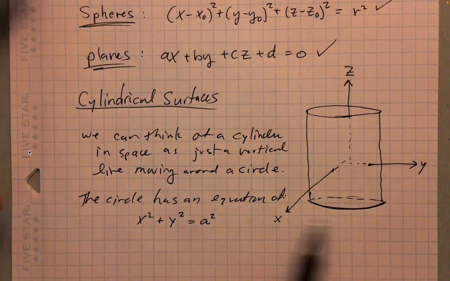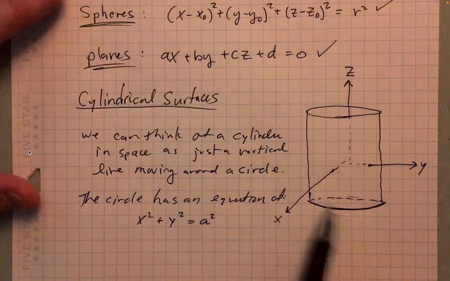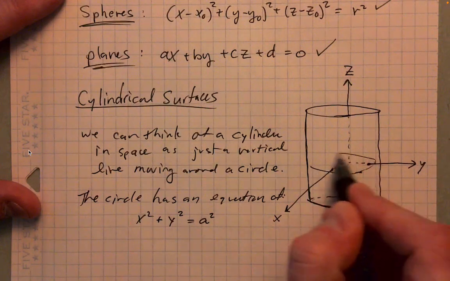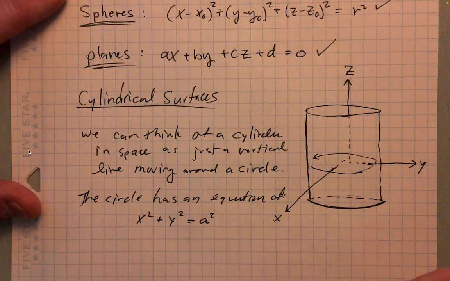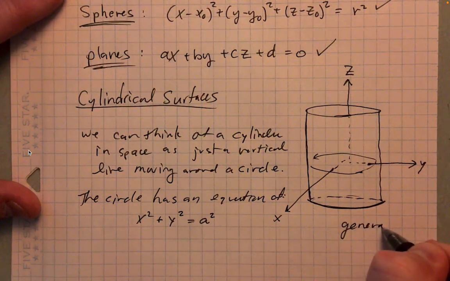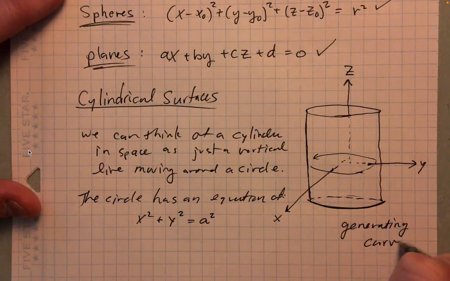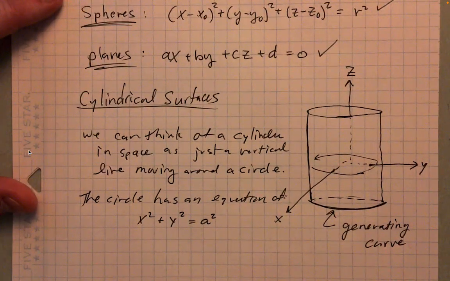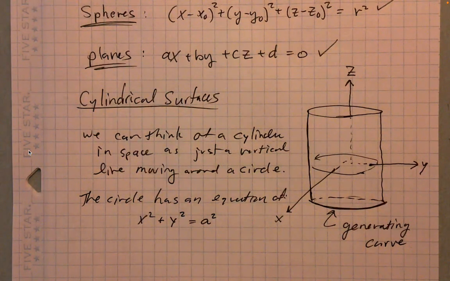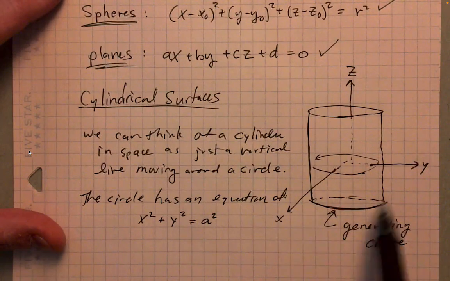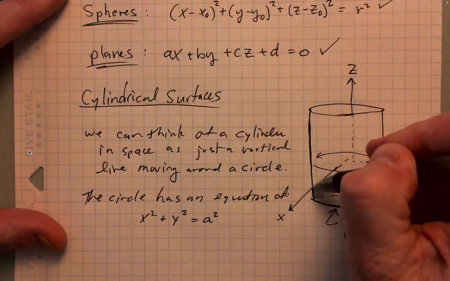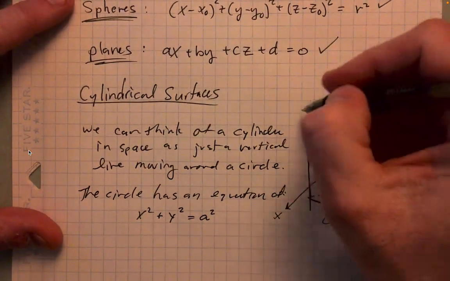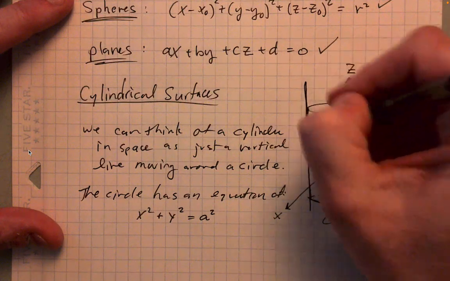When you have a cylinder built in this way, with just vertical lines rotated around a circle, this circle is called a generating curve. So that's the setup. With a cylindrical object like this, the assumption is that the vertical lines can go on forever.